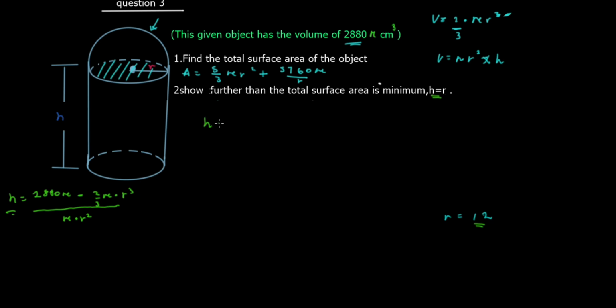So we can say h equals 2880 pi minus 2/3 pi multiplied by 12 cubed, whole divided by pi multiplied by 12 squared.